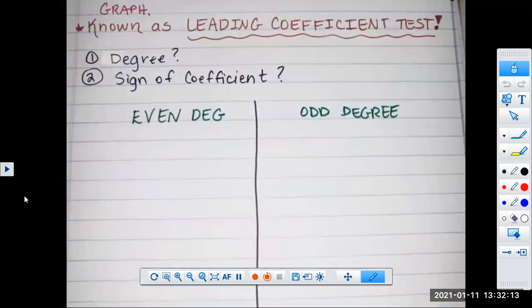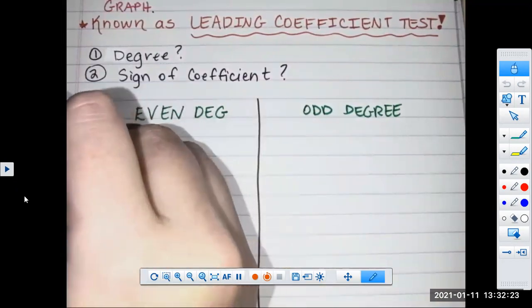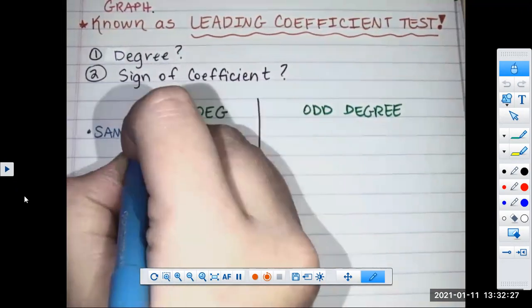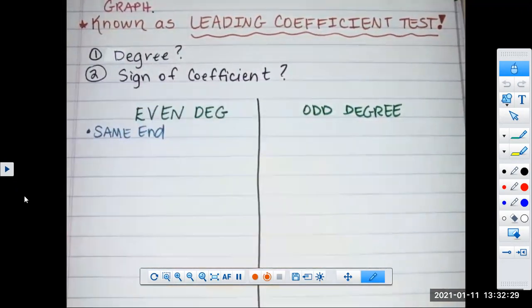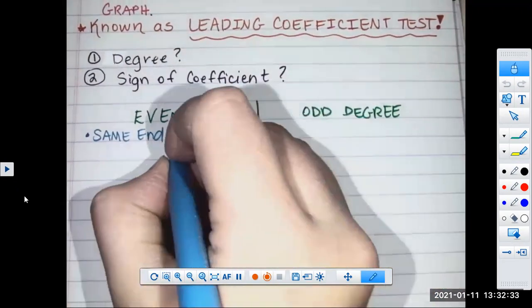If the degree of your graph is 2, 4, 6, if it is an even number, these graphs have the same end behavior. They're either going to go up, up, or down, down. Same end behavior.